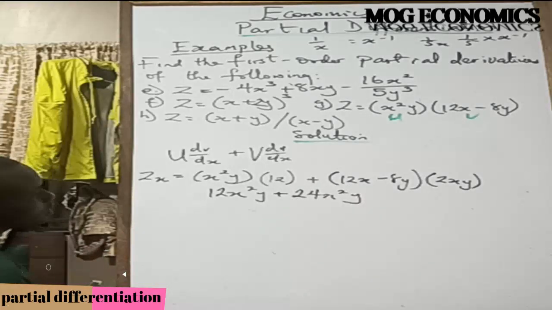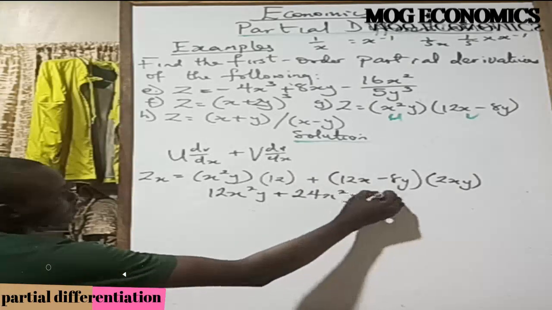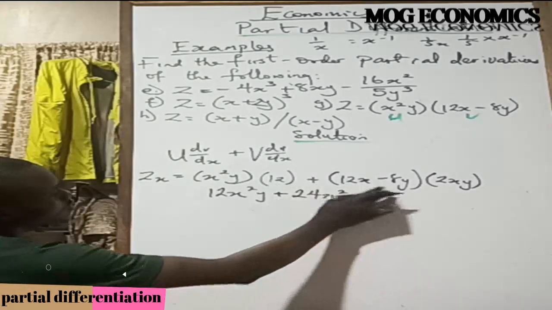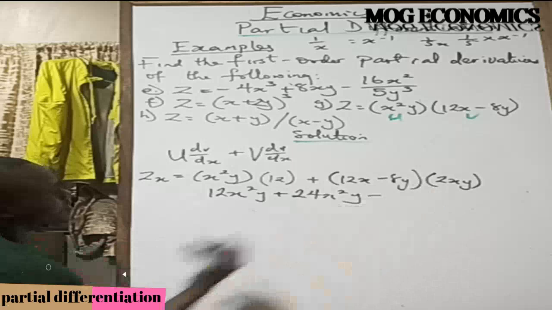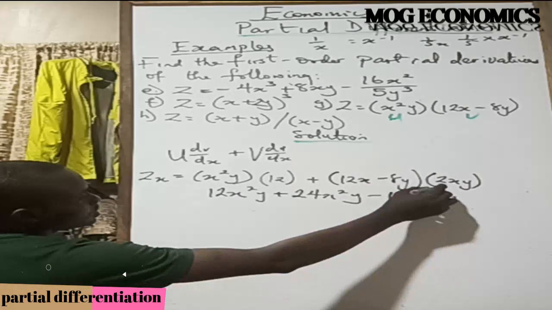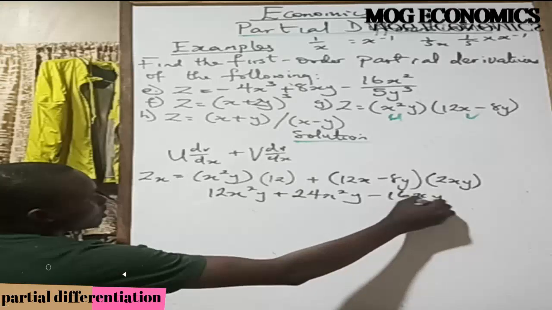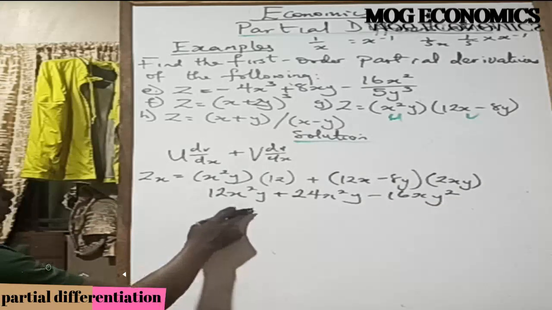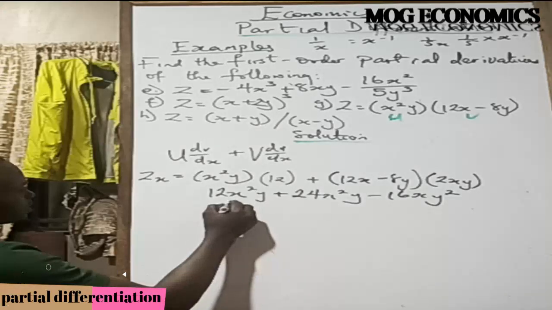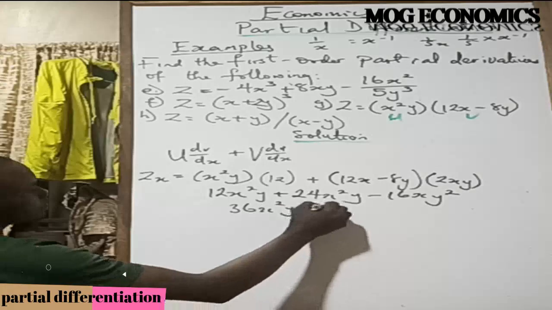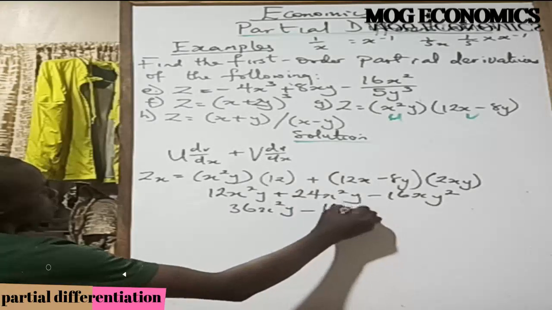And then minus 8 times 2xy, that's minus 16xy squared. Is there any like terms? We have x squared y here and x squared y here, so we can have 36x squared y minus 16xy squared.